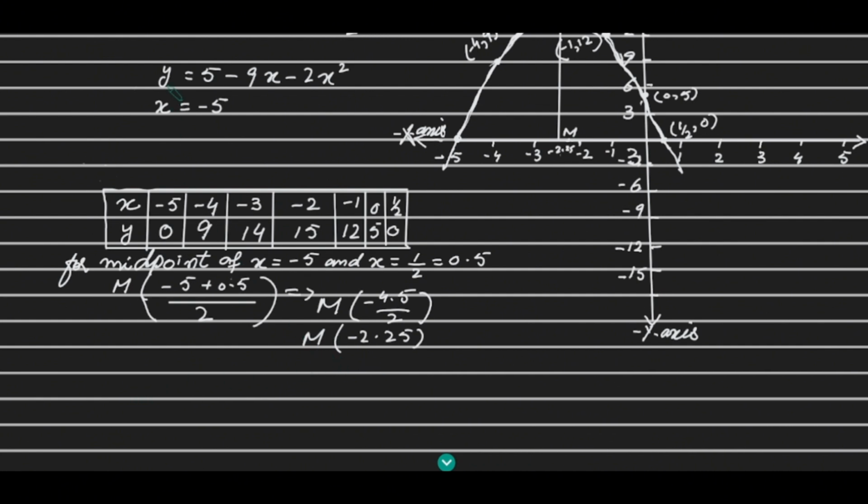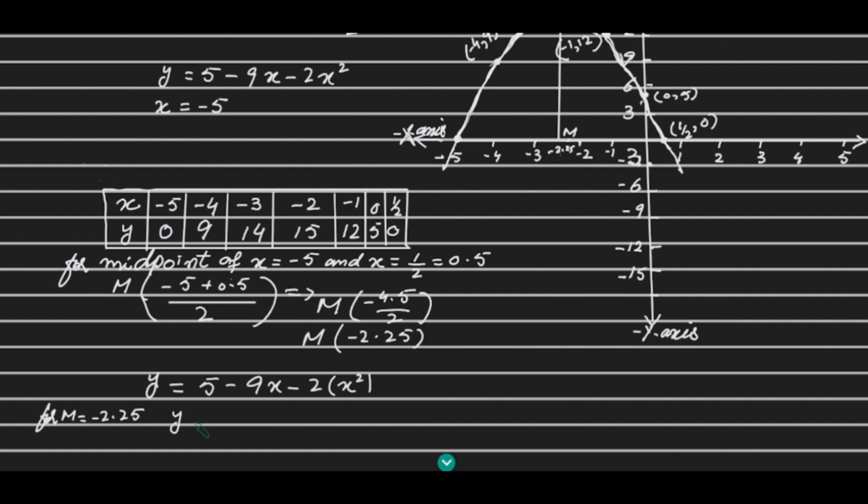So we replace it in the given equation. y equal to 5 minus 9x minus 2x squared for the mid value, which is minus 2.25.